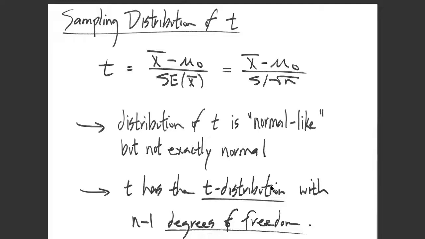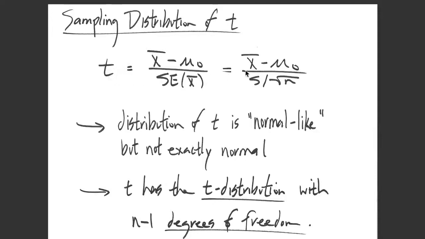Now, if you understand the concept of a t-score as just an estimate for a z-score, the next thing to think about is the sampling distribution of that t-score. How does that t-score vary across all possible x bar values as you took random sample after random sample of size 10?